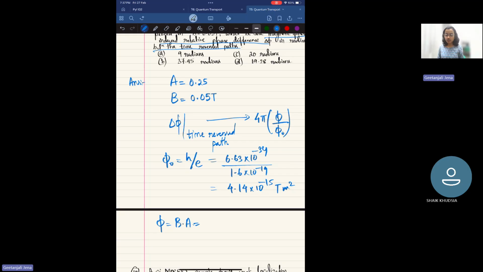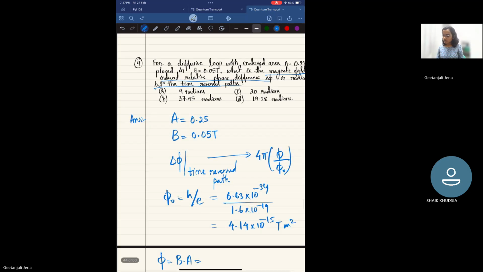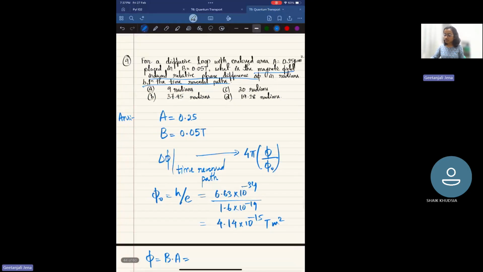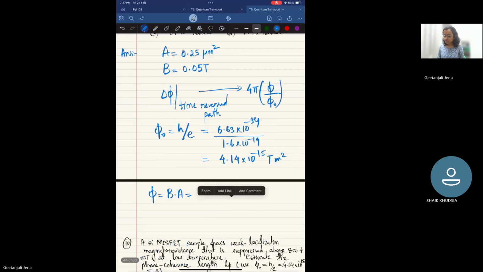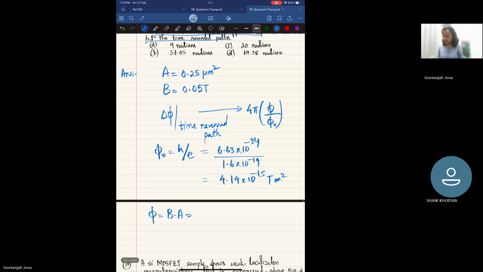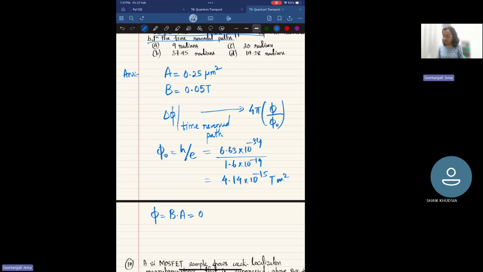B is given, A is also given. The unit of area is 0.25 micrometer square. So B dot A will be 0.05 times 0.25 times 10 to the minus 12 Tesla meter square.